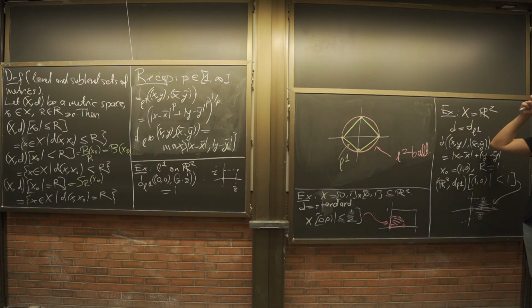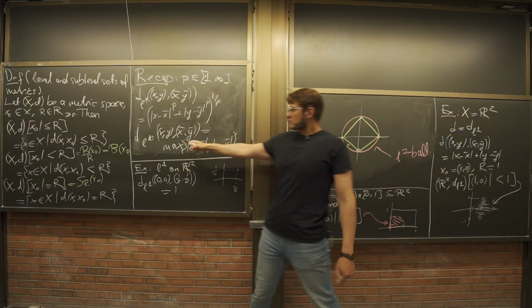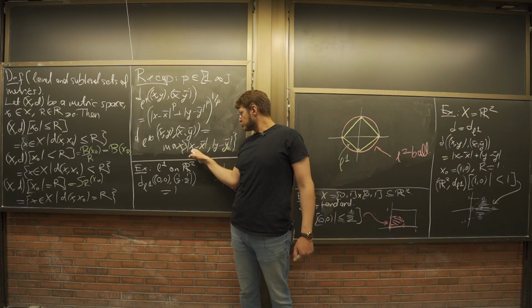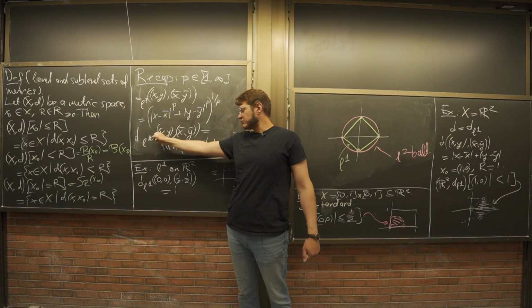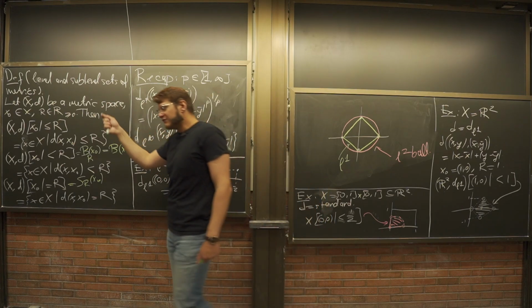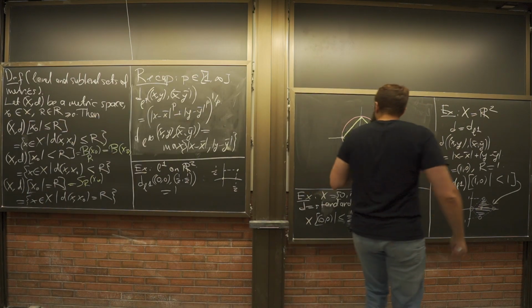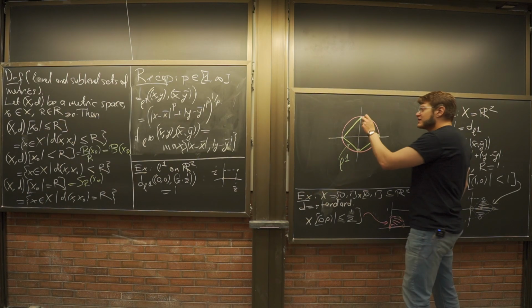Maybe I should ask you, what does the L infinity ball look like? For instance, (1, 1): this would be 1, then this would be 1, if the other point were the origin. So in L infinity, (1, 1) is distance 1 from the origin. It's kind of bizarre. So the L infinity ball is a square actually.